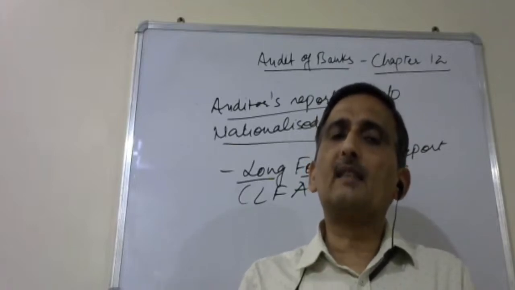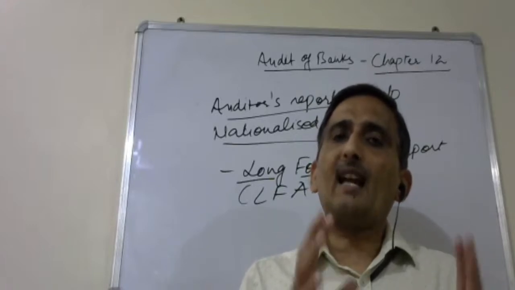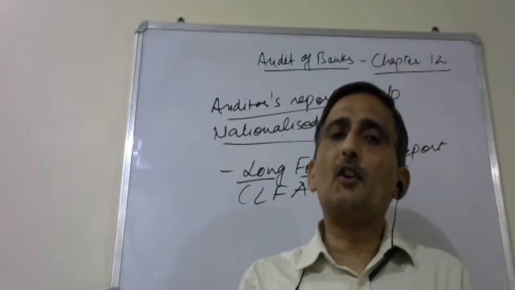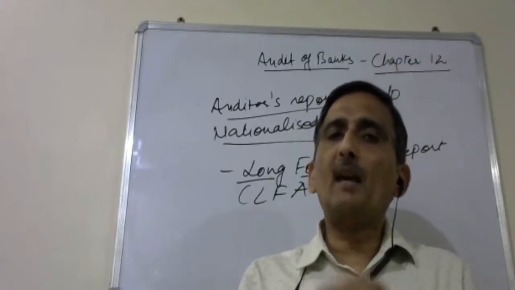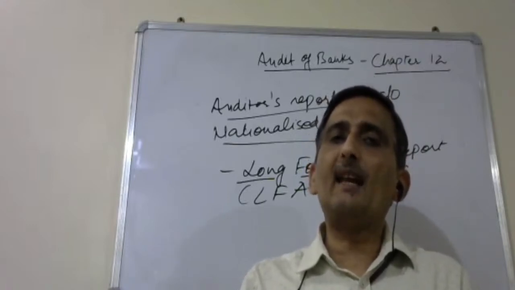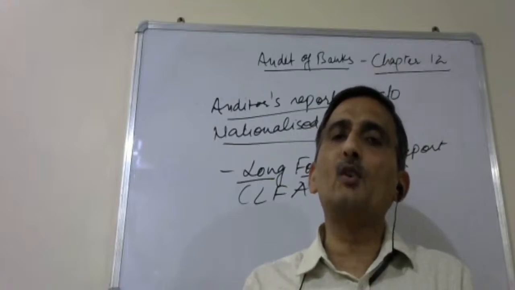So the Basel norms basically prescribe the norms for capital adequacy. So how much capital a bank should have, keeping in view its risk weighted assets.